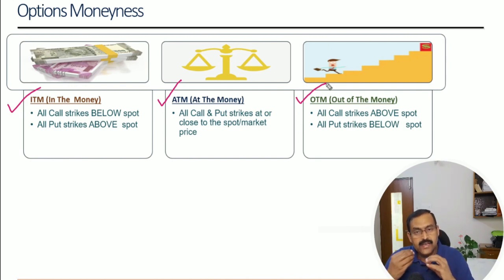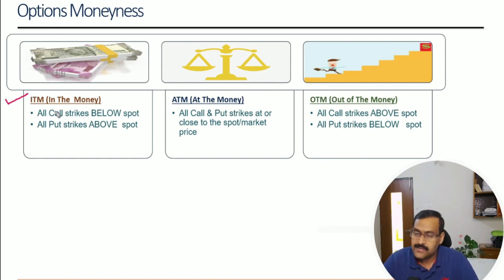Don't worry, I will be taking an example and explaining to you how to calculate the break-even points and how much money has to be settled between buyer and the seller. So now let us look at one by one. For the ITM, that is in the money, all the call strikes below the spot are in the money options, and all the put strikes above the spot are in the money put options.